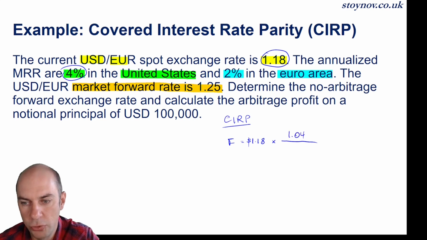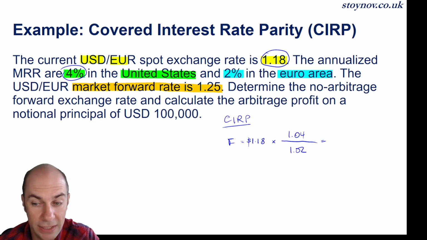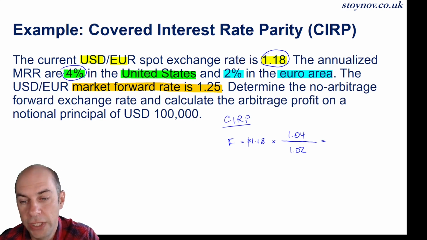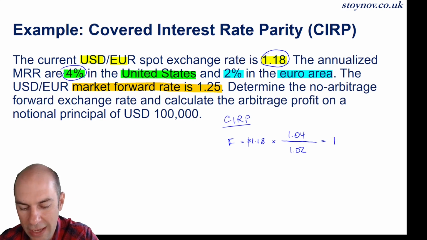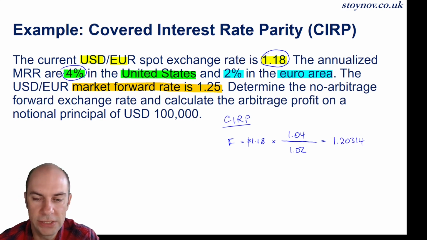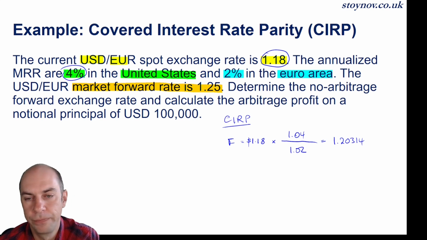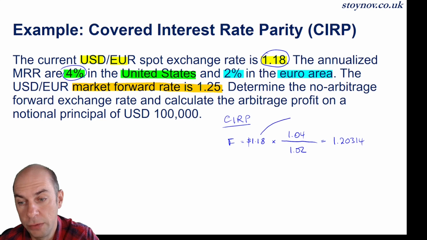So we're just going to put it in the numerator here, 1.04. And for the euro area, it's 1.02. Okay, so I'm already expecting here, sanity check, to get an answer over 1.18. And indeed, I'm getting 1.2314.